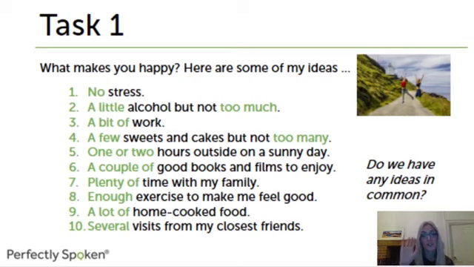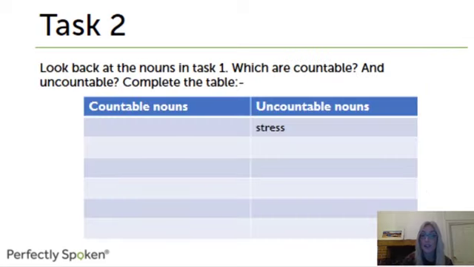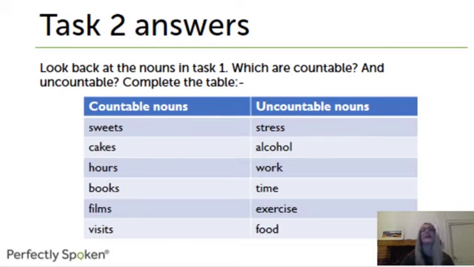Okay, I imagine that you've stopped the slide so you can do it. Shall we have a look at the answers? From my sentences 1 to 10 about what makes me happy, in the countable nouns we've got sweets, cakes, hours, books, films and visits.